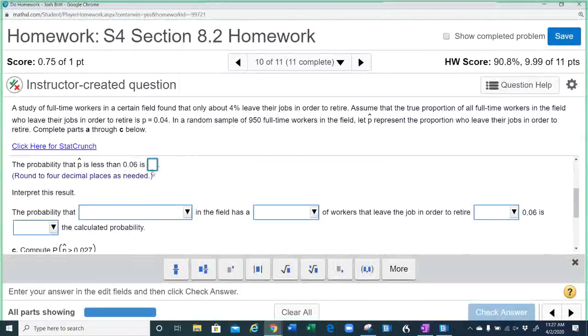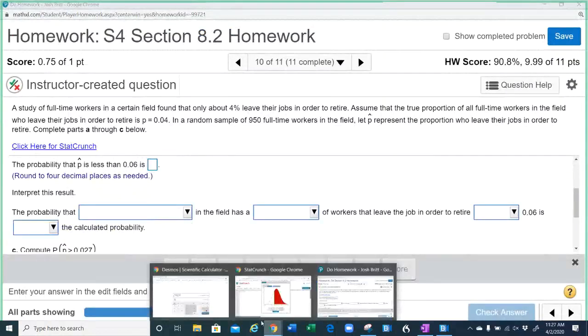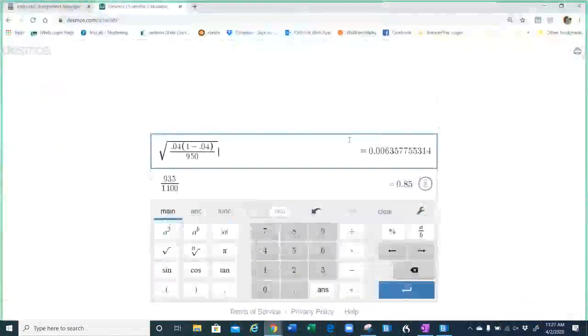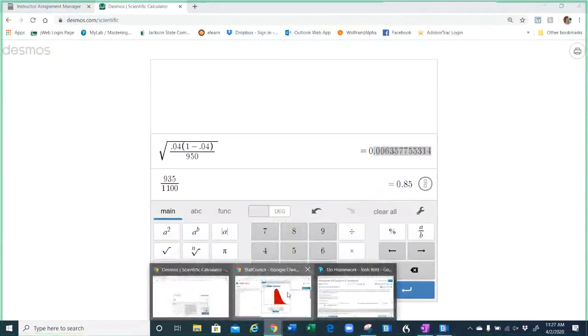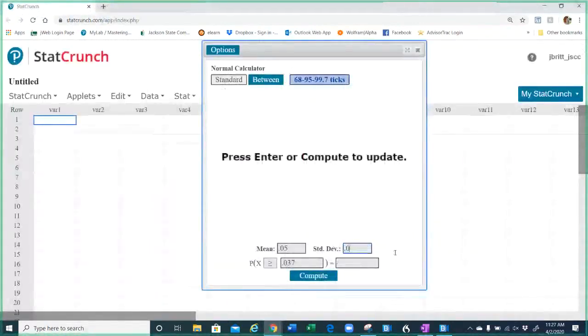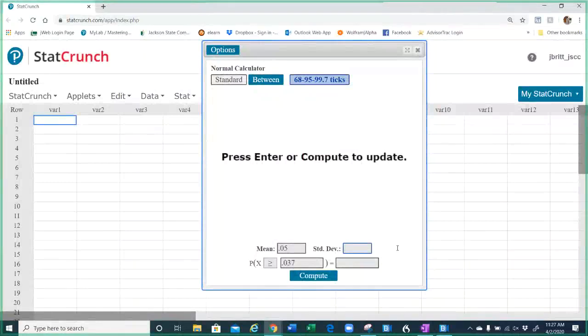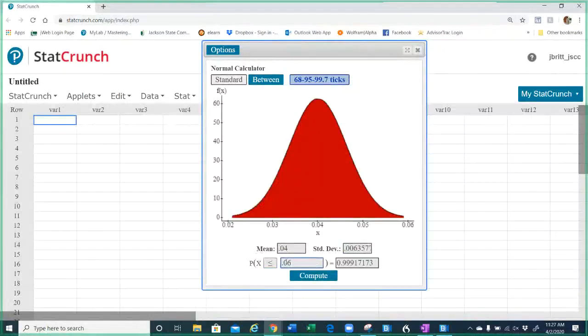Less than 6%. Again, I'll just use all these here. Standard deviation, less than 6%. 0.9992.